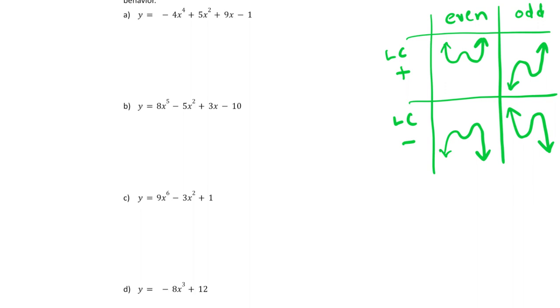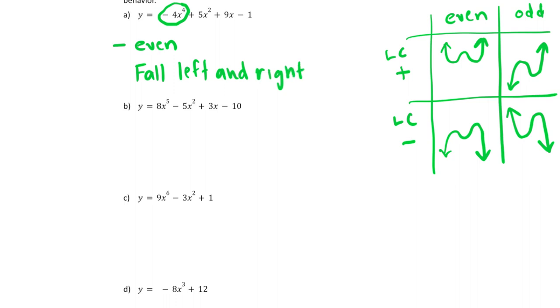So we're going to look at each one of these problems. So here, there's my leading coefficient. It is negative and even. So that means that we are going to fall left and right. And you're going to match a graph, so you just need to be able to tell which graph is falling left and right.